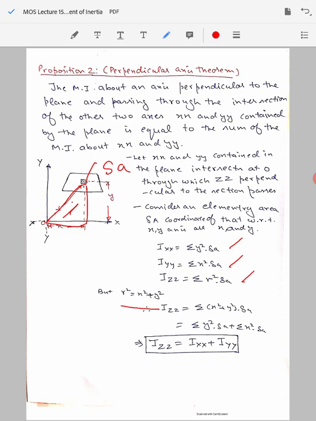If you substitute r square as x square plus y square here, you can convert it into two summations, summation of y square dot delta A plus summation of x square dot delta A. As we know, the expressions for them are IXX and IYY, so I can write IZZ is equal to IXX plus IYY.